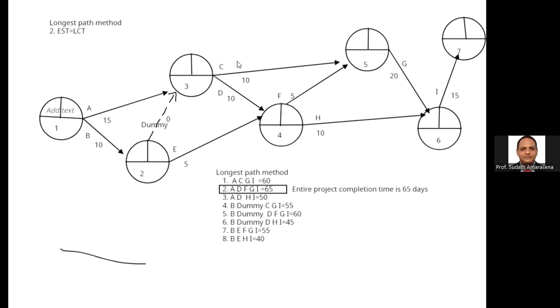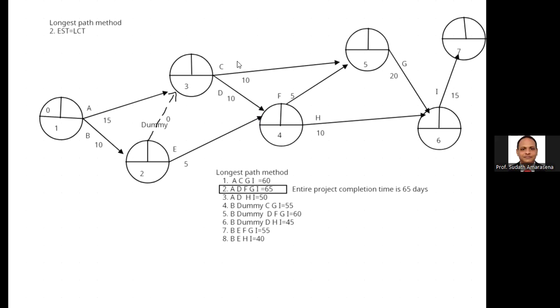The reason is that we have just started the project, still not time consuming. Therefore, we say the earliest starting time is 0.